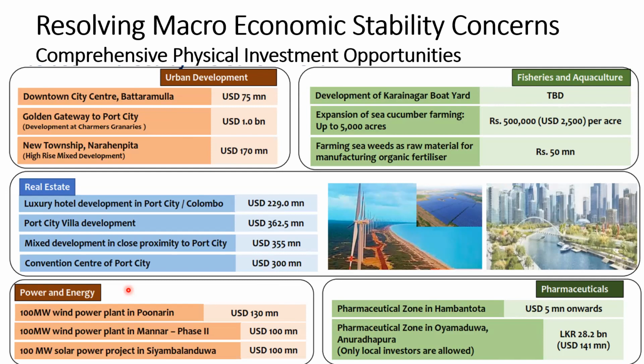To construct a particular project, you may need foreign exchange. Definitely you have to bring the solar panels or the wind turbines, everything. You have to incur foreign exchange. But if you have to pay the tariff also in US dollar terms, that means it will continuously flow out of Sri Lanka.